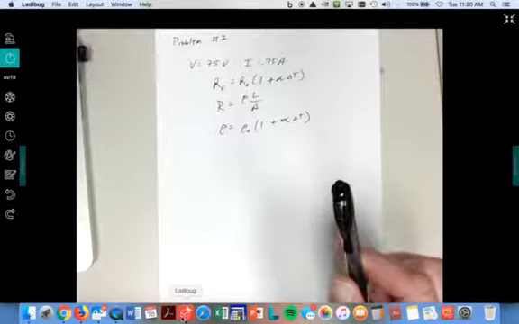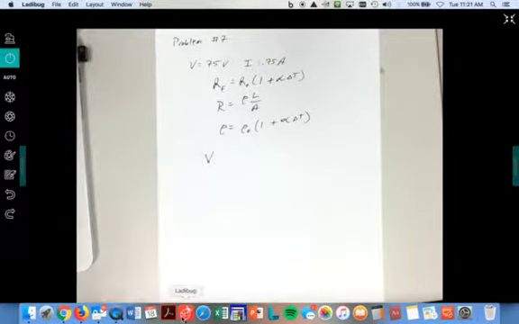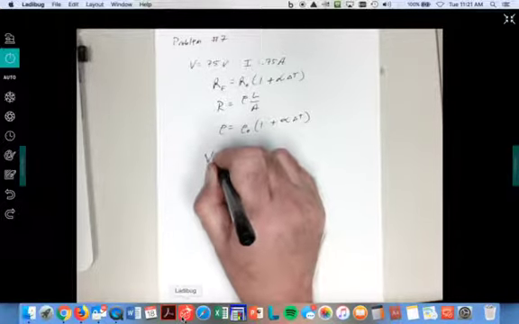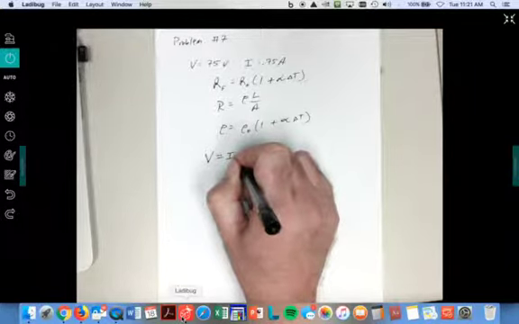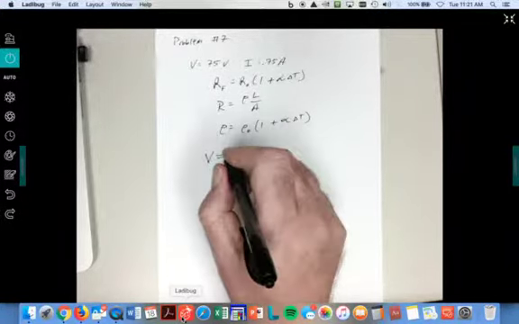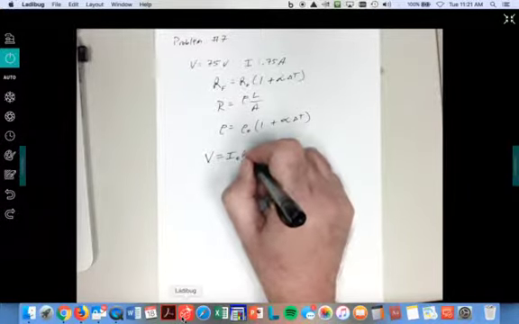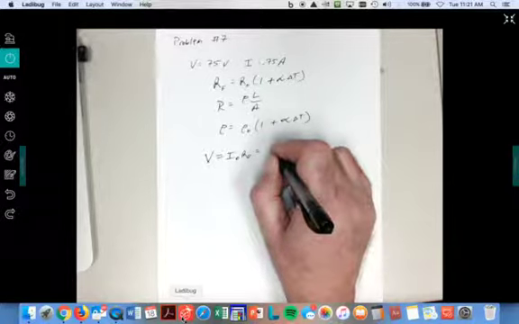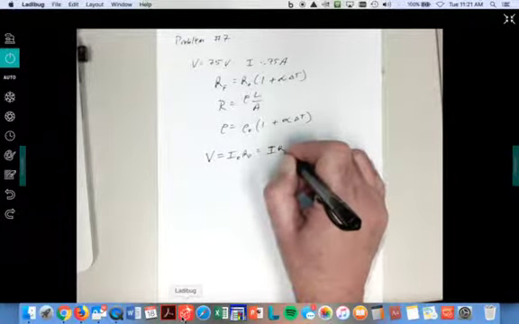Because we know that V, which is going to stay constant, is equal to I naught, the initial current, times R naught, which is also going to equal I, after it's heated up, times R final.